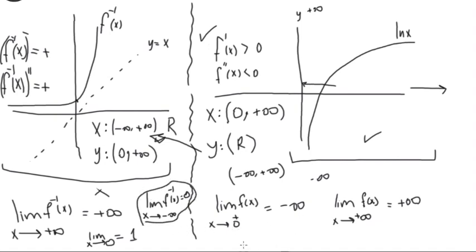When we approach 0 in the original function, we get negative infinity. But in the inverse function, we approach negative infinity, so we get 0. So it is all about the flipping of the domain and the range. As I mentioned, when we take the limits, they will flip also.